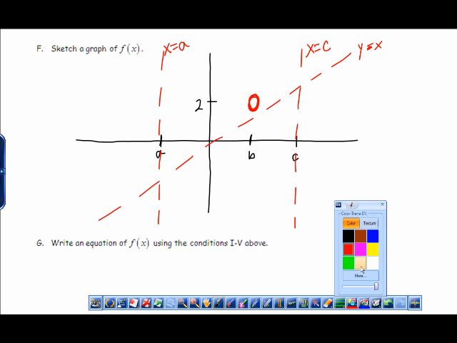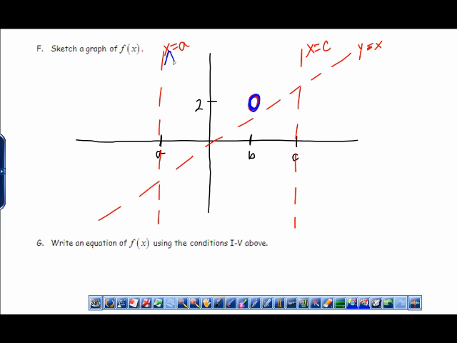Okay, so let me switch my color here, and I'm going to go ahead and put the hole in that color as well. So on the right side of A, the graph is going up, and on the left side of A, the graph is going down. Well, this fits into what you probably thought was going on there. Now, at some point, this has got to cross over and go through this hole.